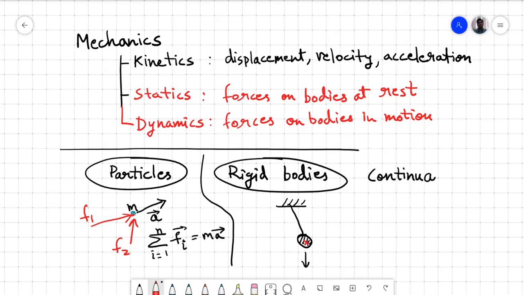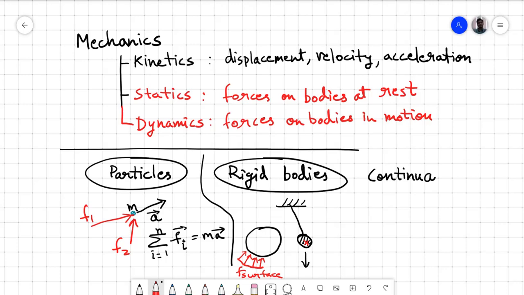Although there may be some forces on a rigid body which are acting on the surface of the rigid body, such as this surface force acting on this rigid body.